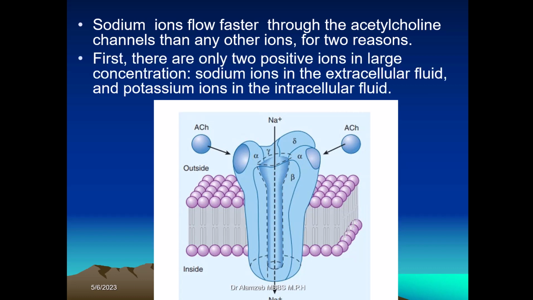First, there are only two positive ions in large concentration: sodium ion in the extracellular fluid and potassium ion in the intracellular fluid. When the membrane is in resting position, sodium is outside and potassium is inside.